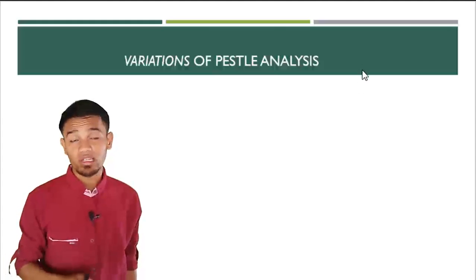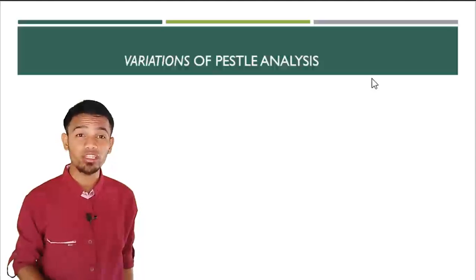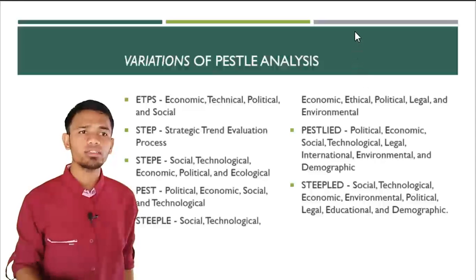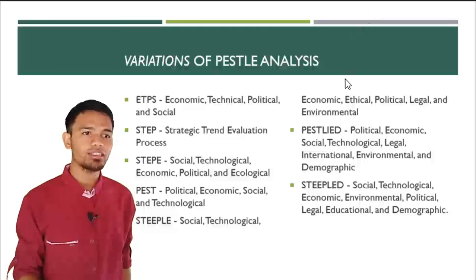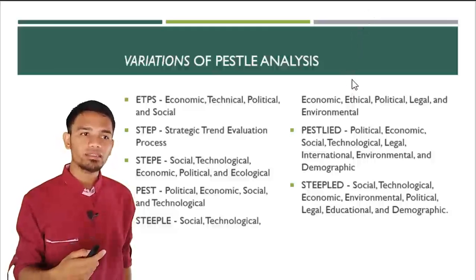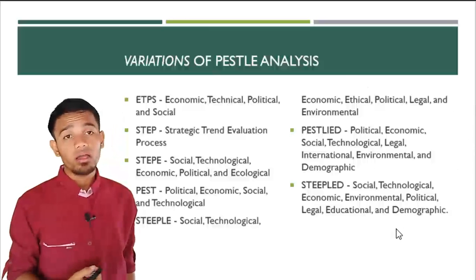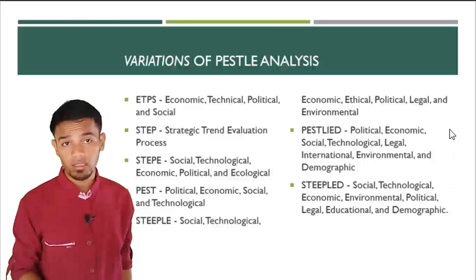Okay, talking about PESTLE analysis, there are many variations of PESTLE analysis that we know from many literature. The first one is ETPS. The next ones are STEP, STEPE, PAST, steeple, PAST lead. But I decided to choose PESTLE.